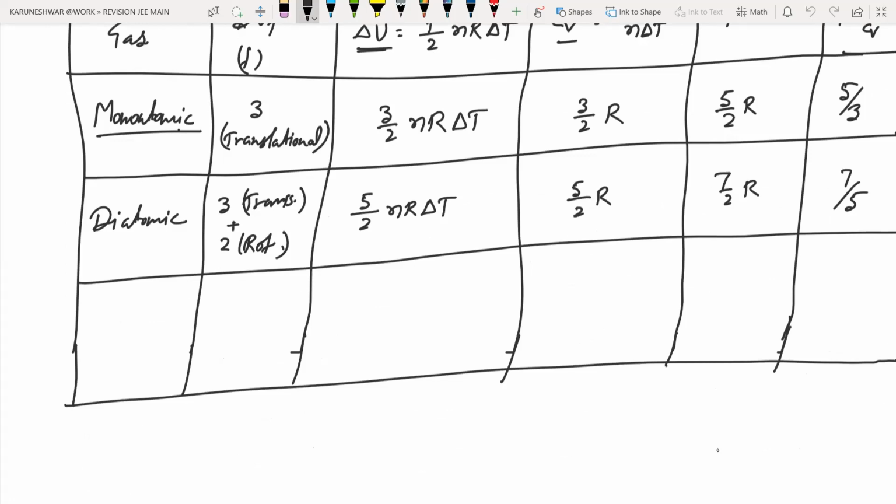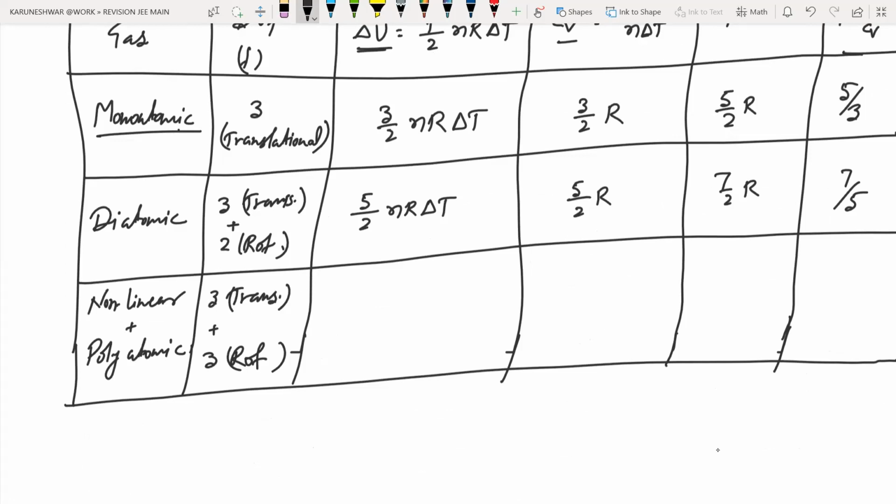Next we have non-linear, or you can say polyatomic. If it is non-linear polyatomic, then we have 3 translational plus 3 rotational.